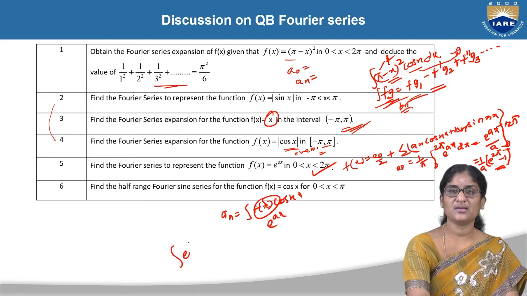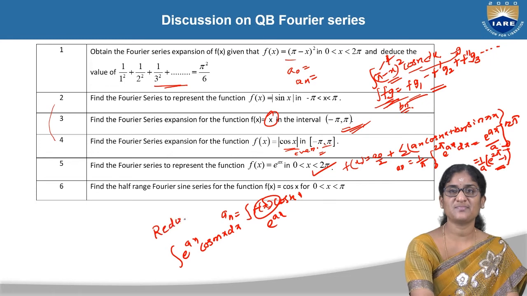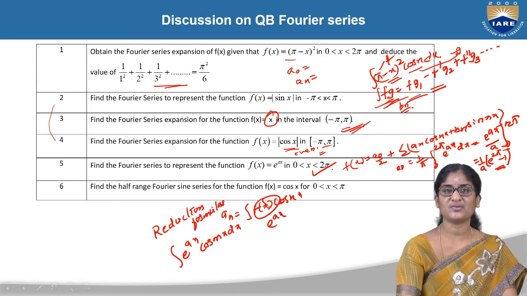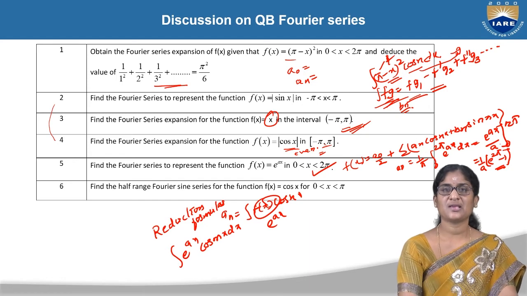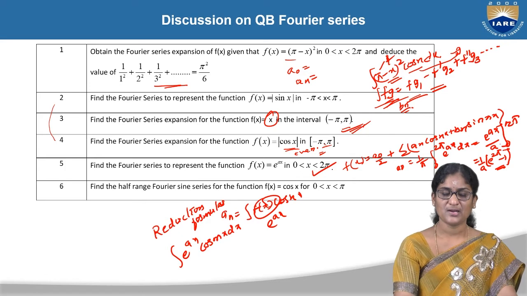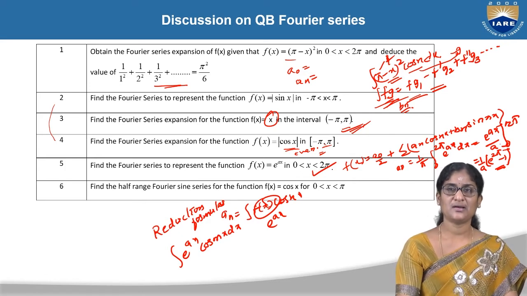So here we need the integral of e power ax into cos nx, and this can be done by using the reduction formula, because both are continuously differentiable functions. E power ax and cos nx have derivatives continuously. So if that is the case, we can make use of the reduction formula to get the integration.